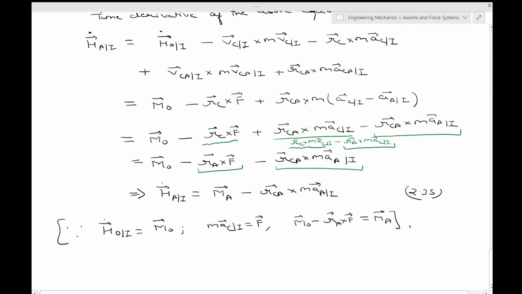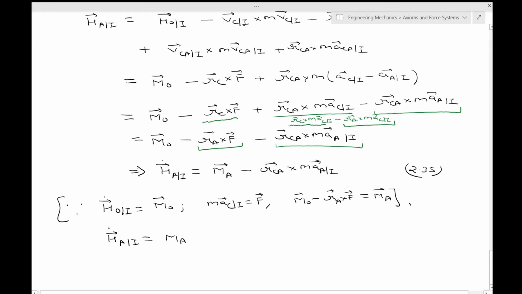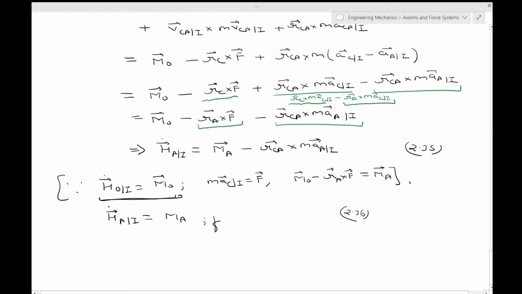Now looking at 2.35, H dot A will be equal to MA only under certain conditions. For an arbitrary point A, H A dot is not as simple as for O, which is part of an inertial frame. So H A dot will be equal to MA only if one of the following holds.